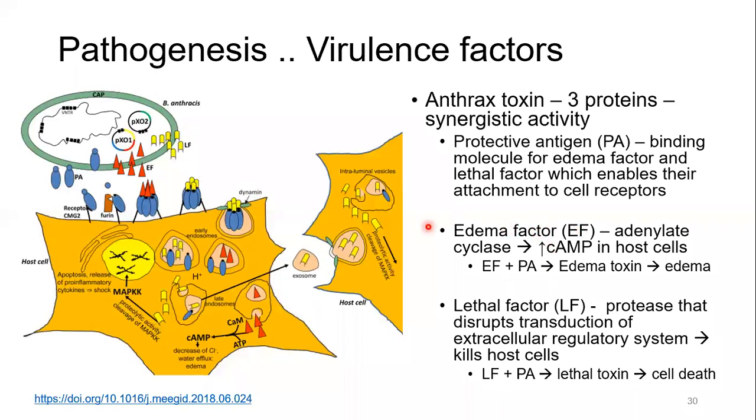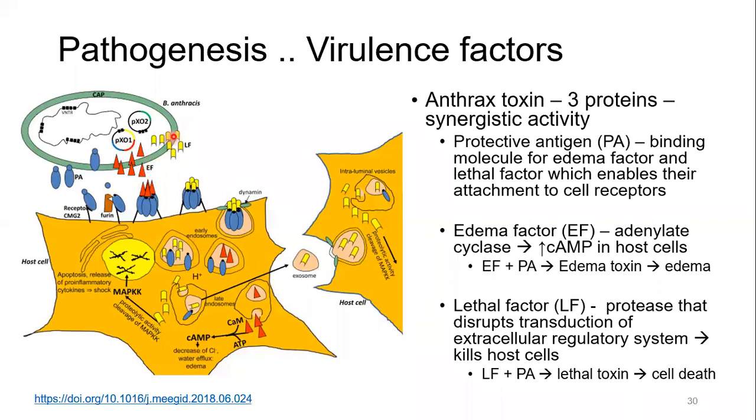So the edema factor has an enzymatic function where it acts as an adenylate cyclase, and this causes increased production of cyclic AMP in the host cells, and that then decreases the efflux of chloride ions and water and results in edema.